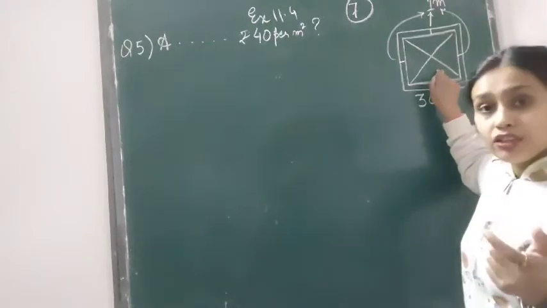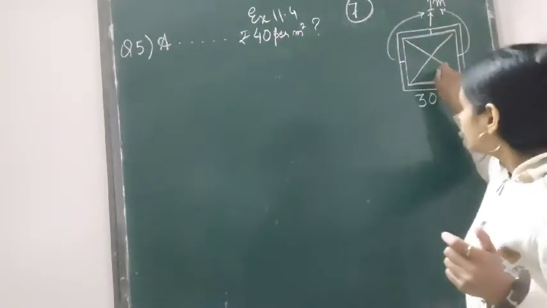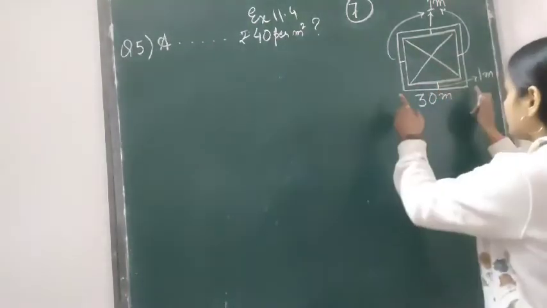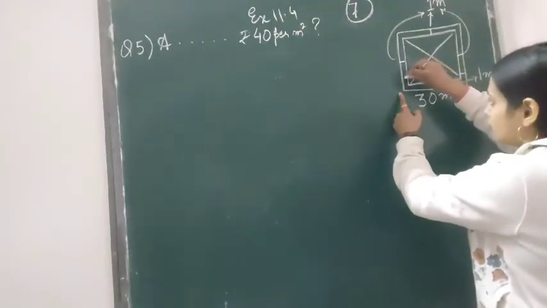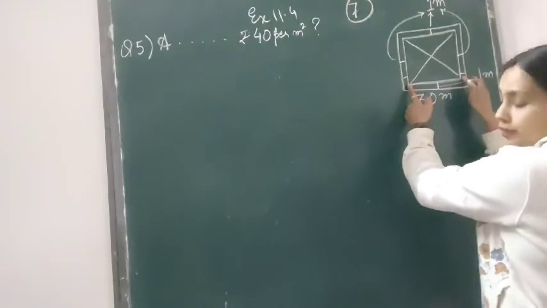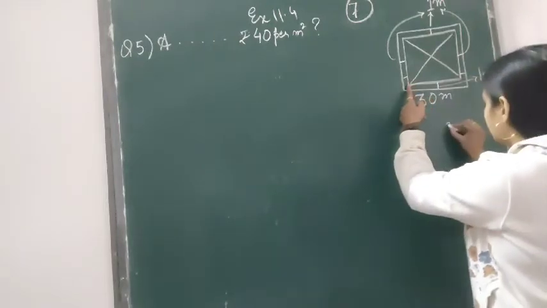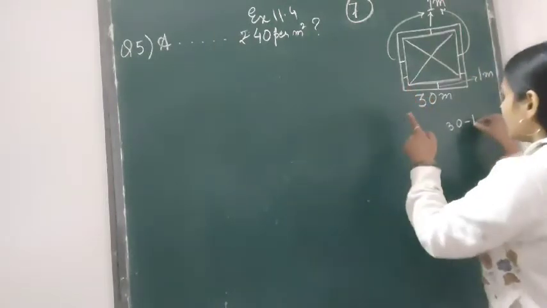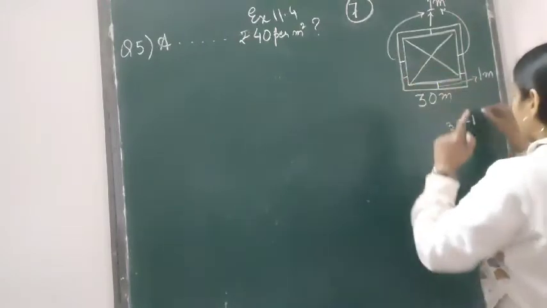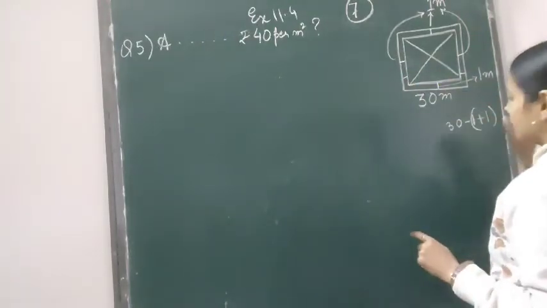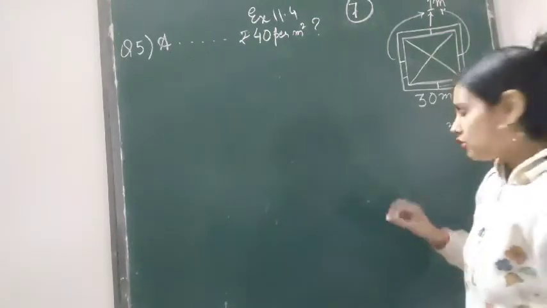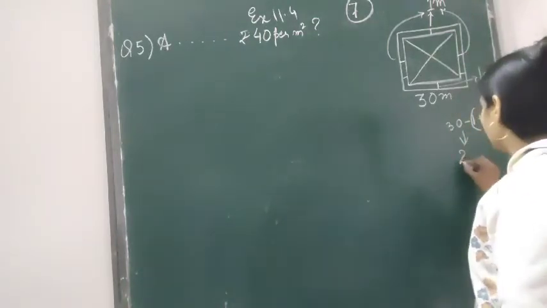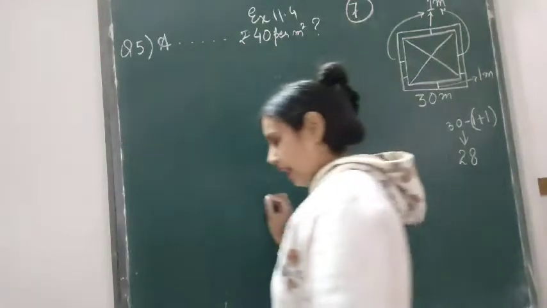So now we need to know its length. Each side, very simple. This much is 30. This much is 1. This much is 1. So how much will this be? This will be 30 minus 1 from here and minus 1 from here, that is 30 minus 2, which is equal to 28.